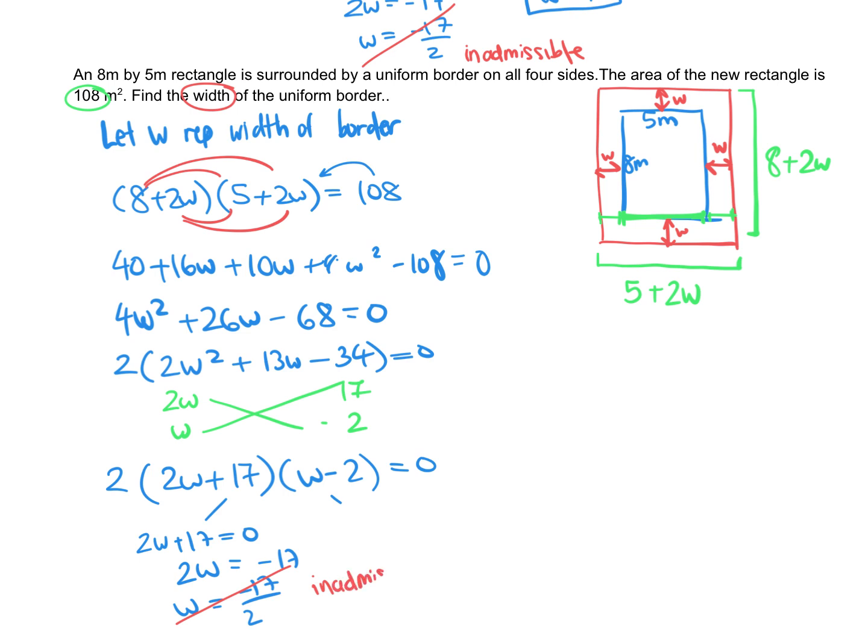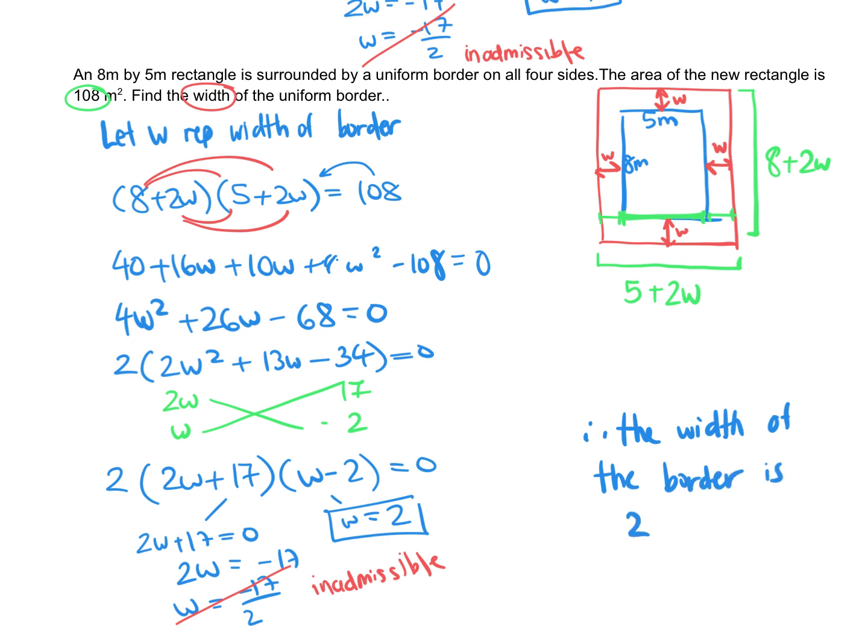It's inadmissible here. But the other one, when we bring the negative 2 over, we get positive 2 for the width, which does make sense. So therefore, the width of the border is 2 meters.